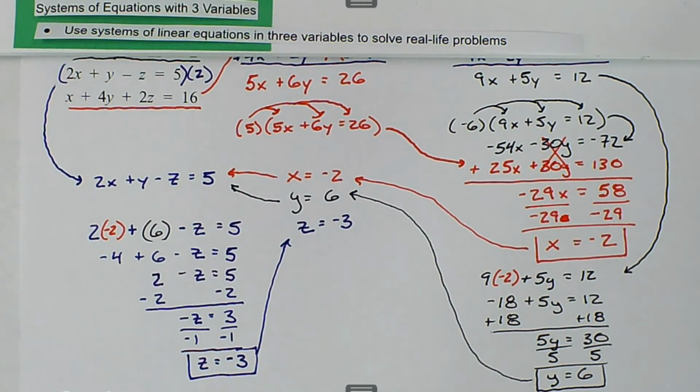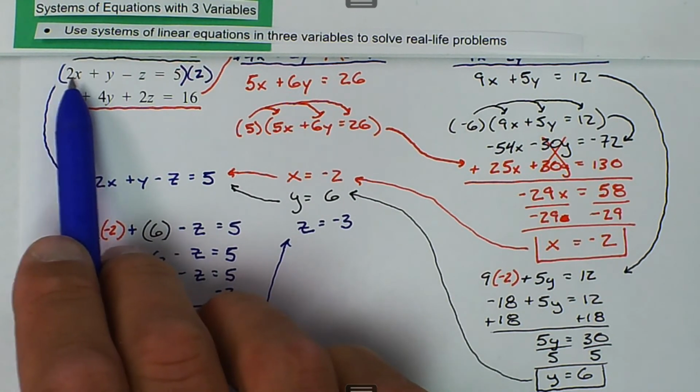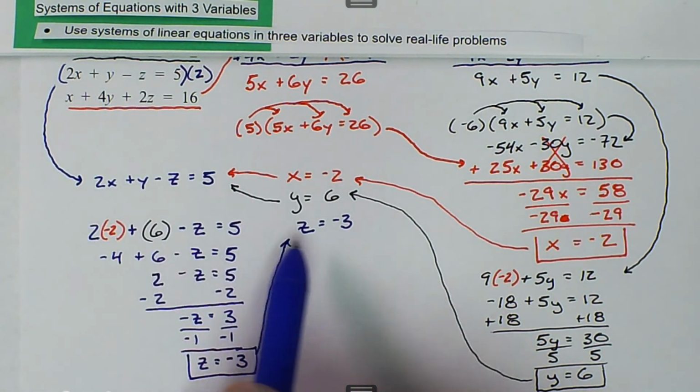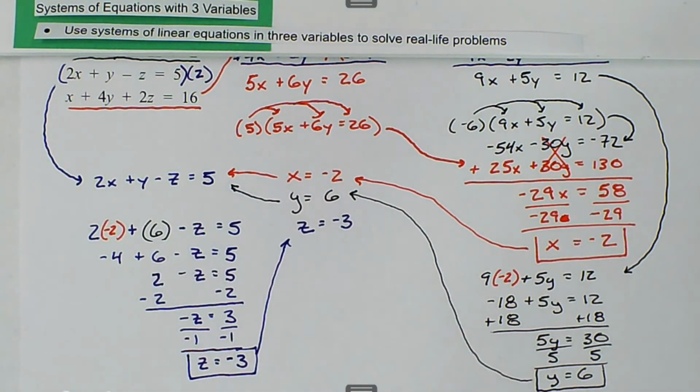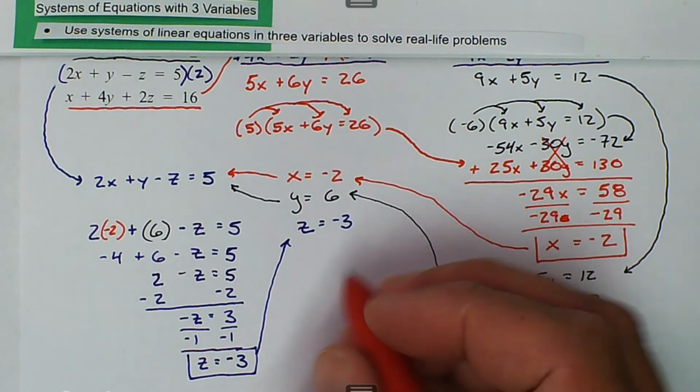And we can check the answer. So we have 3 variables, and we used the middle equation already with all 3 to figure out all 3 variables, so we can check it one last time. And we can use this bottom equation here just to check to make sure that it works.